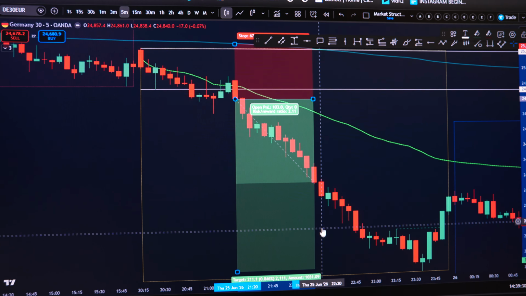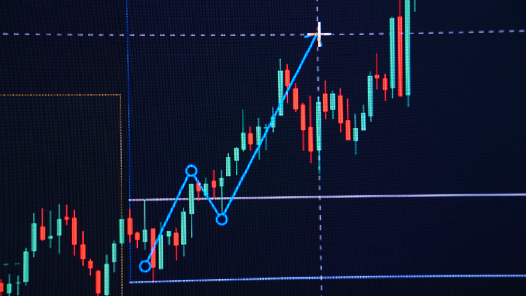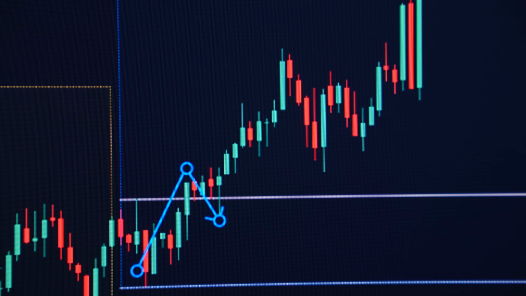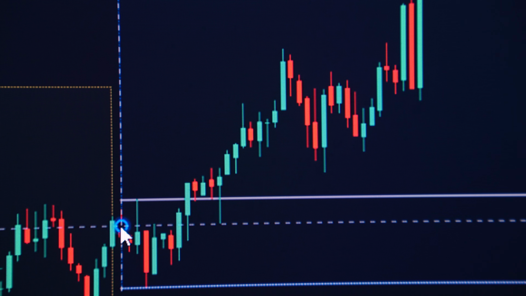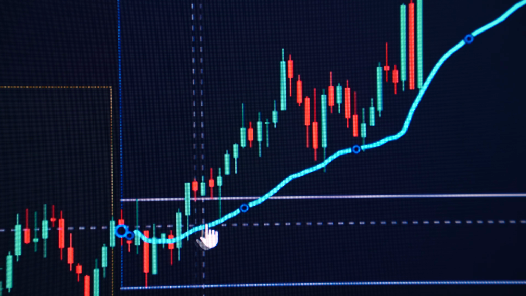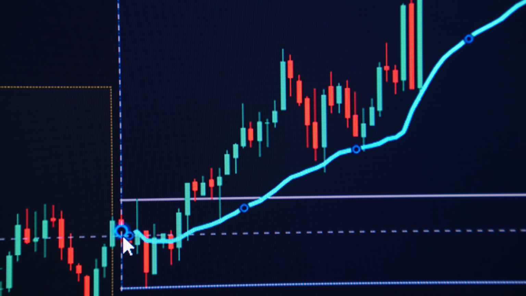Now again, you want to wait for price to break out of that orb high, then you want to wait for a retest. You want to wait for that pullback, okay, and then get in. So what I would have done was also use an anchor VWAP. If you don't know what an anchor VWAP is, you can look it up. I have my anchor VWAP right here at the start of the midnight candle.